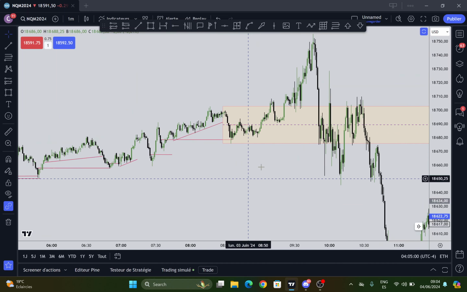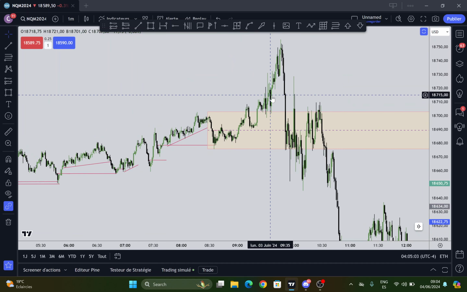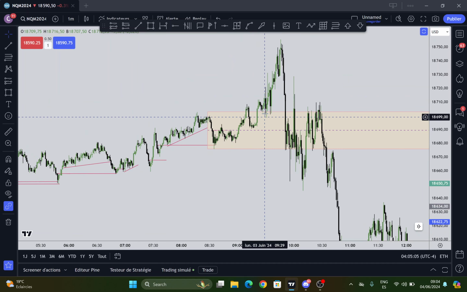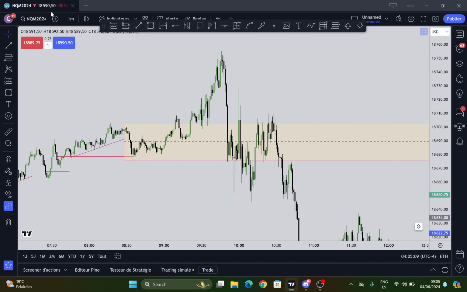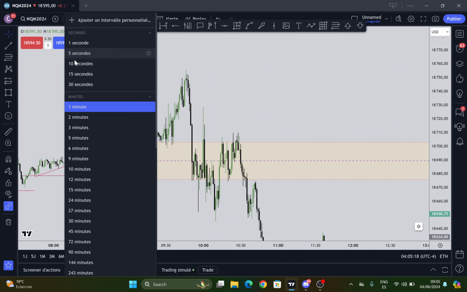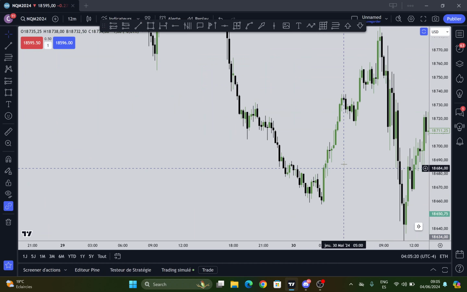Okay. So market open was closed, all right, and I was just looking at price, and when this happened, I was all over the place thinking what's happening, and then suddenly I had this idea of going to the M12.